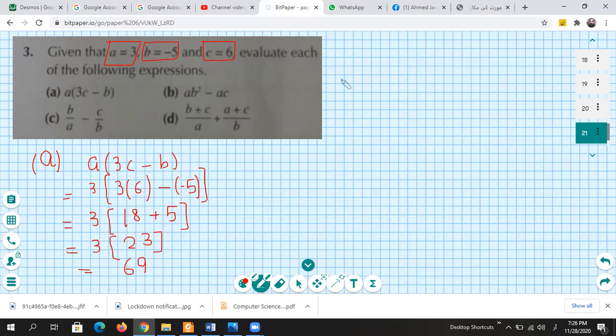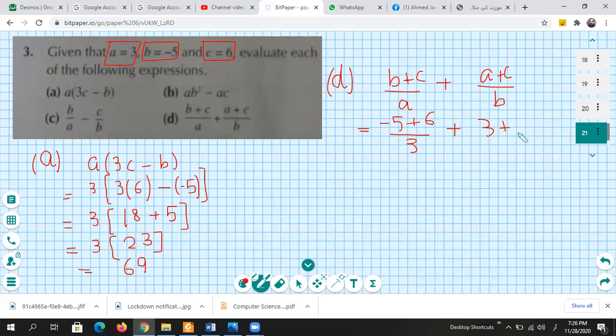Okay. I try part D now. Part D is B plus C over A plus A plus C over B. So inserting the values, B plus C will be -5 because B is -5 and C is 6, over A. A is 3 here. Plus as it is, where again A is 3 and C is 6.